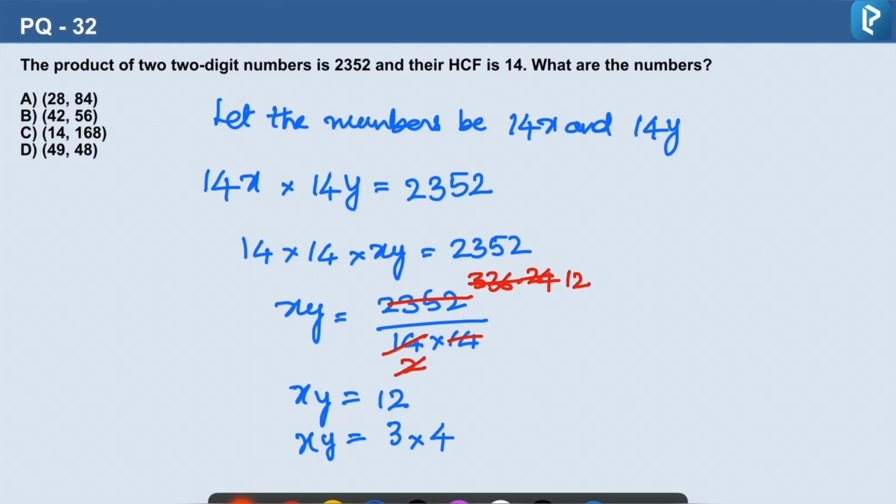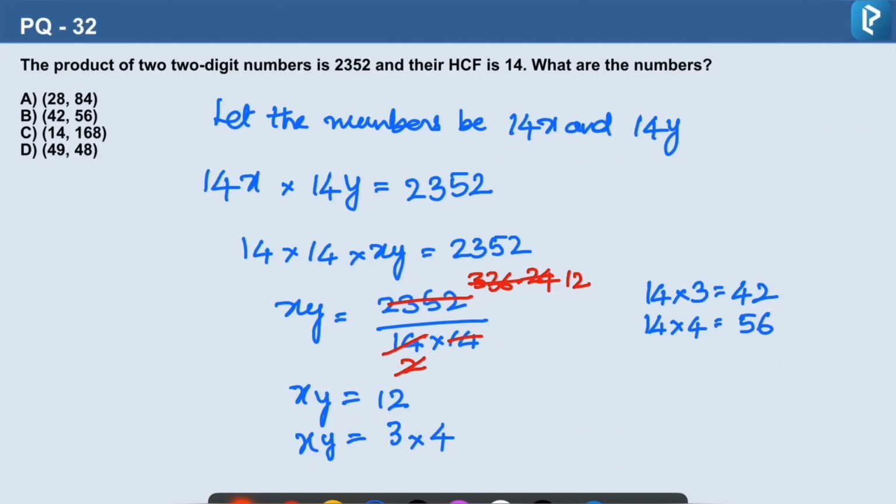If you assume x and y as 1 and 12, the product of the numbers cannot be 2352. So the other pair of co-primes, 3 and 4, is the only possibility. So the numbers are 14x, which is 14 into 3, that is 42, and 14 into 4, which is 56.